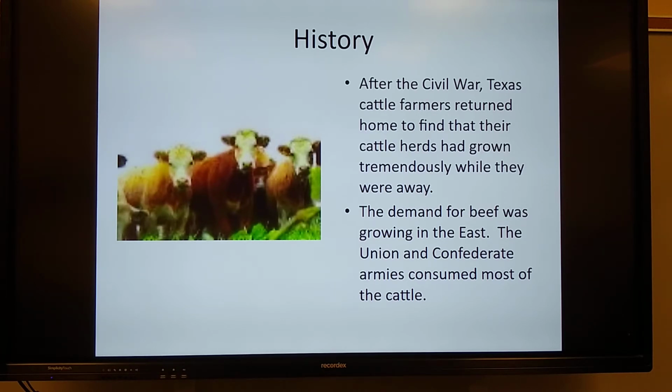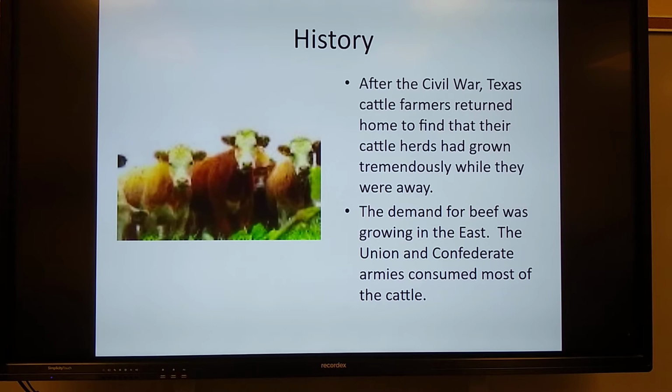So the Civil War was a war between the northern states and the southern states. The northern states won, so we remained a complete country, the United States. It was a war where the southern states were trying to form their own country. Well, during that war, the Union or the northern soldiers and the Confederate or the southern soldiers needed a lot of food.